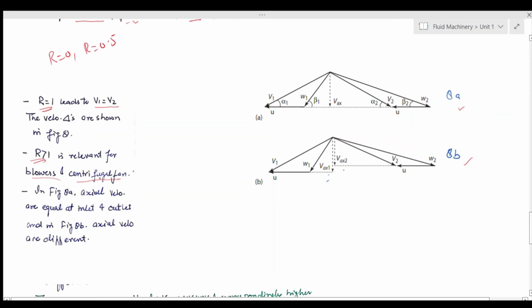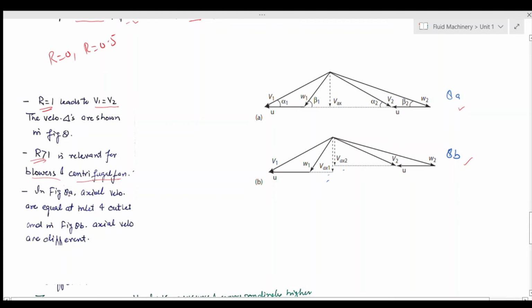These are energy consuming machines, and we are currently involved in those machines which produce energy. So let's defer this discussion at a later stage, what happens to R greater than 1.